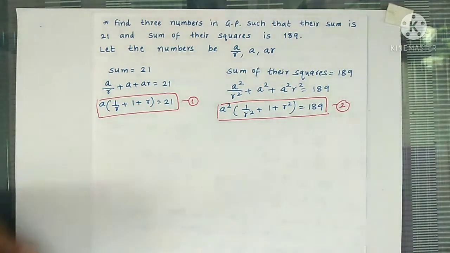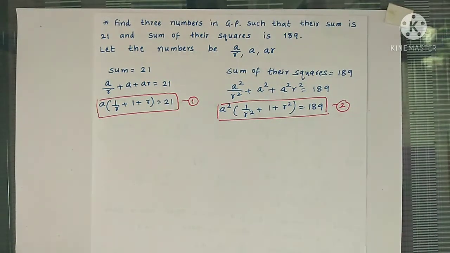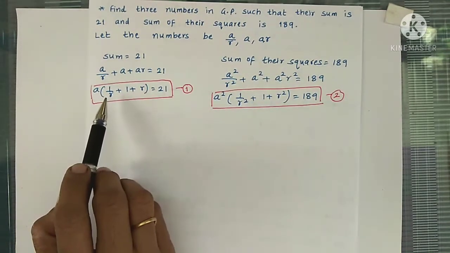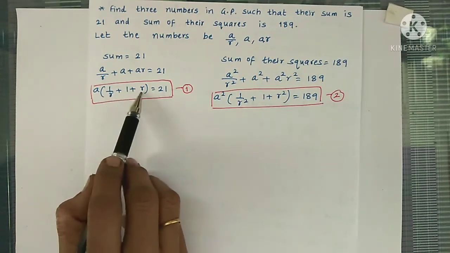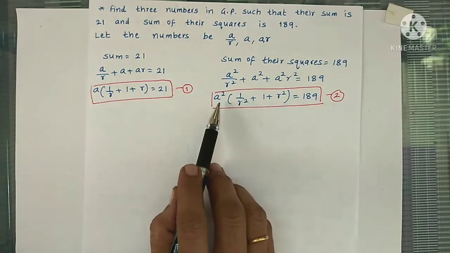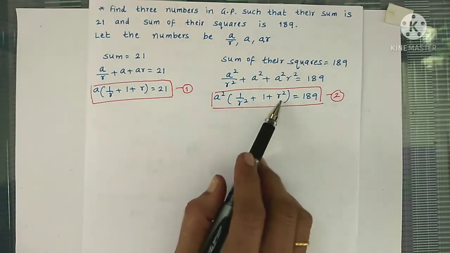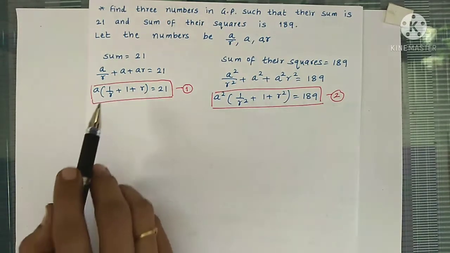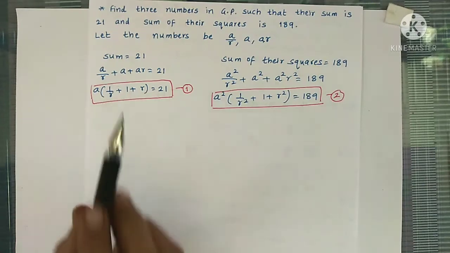Now we have two equations and two unknowns, A and R. So solving these two equations, we can find the values of A and R. But what happened here is, one equation is in A and 1 by R, 1, R, and the other one is in squares: A square, 1 by R square, 1 and R square. If we square this, then we get 1 by R square, 1 and R square.